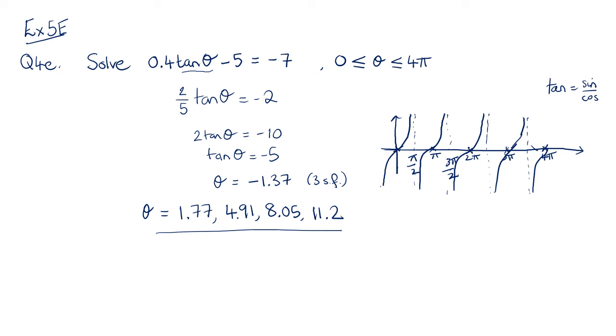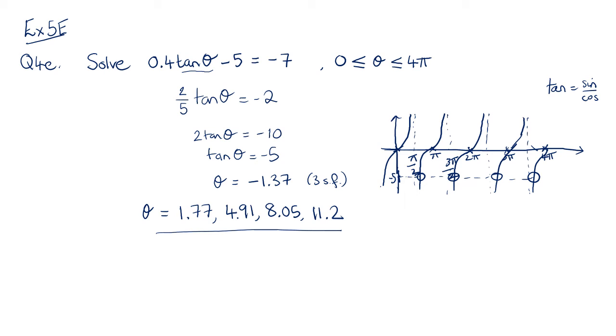So what am I expecting in the interval between 0 and 4 pi? To get -5, we're actually looking somewhere down here on the axis.